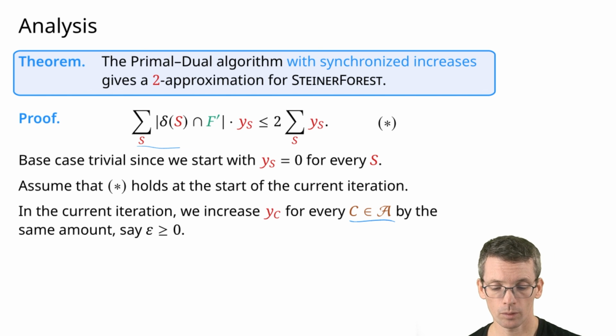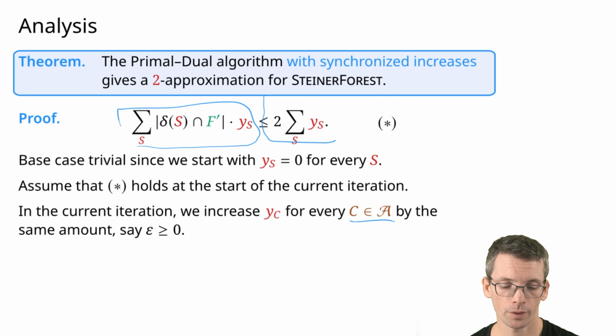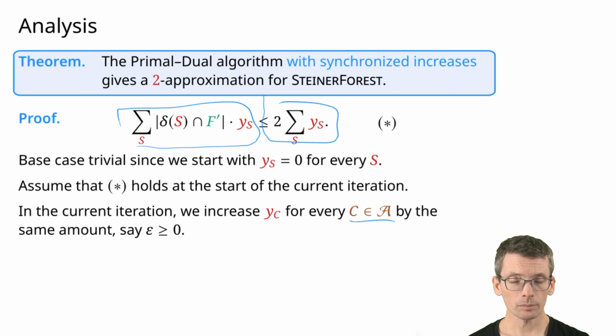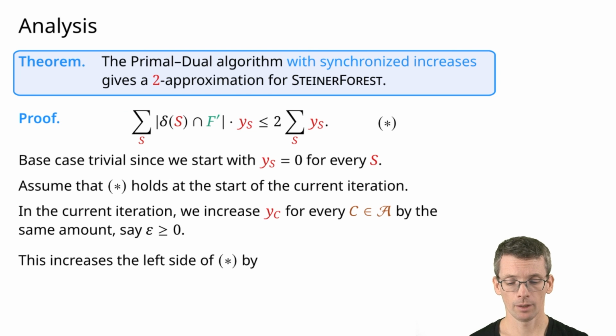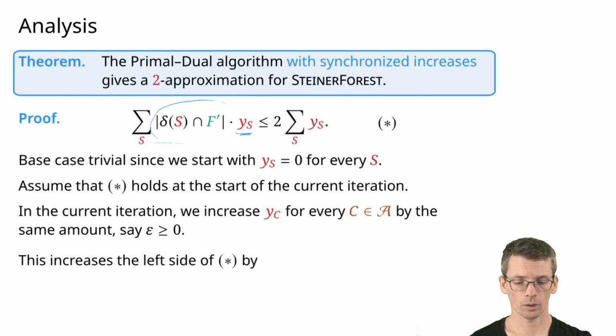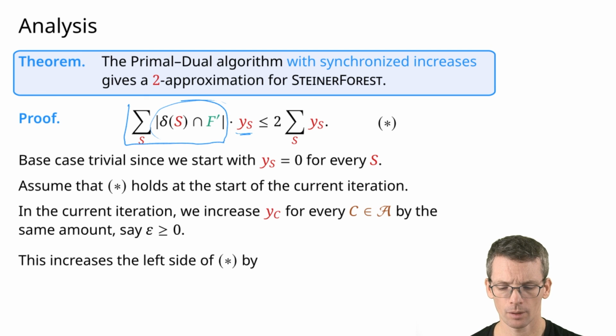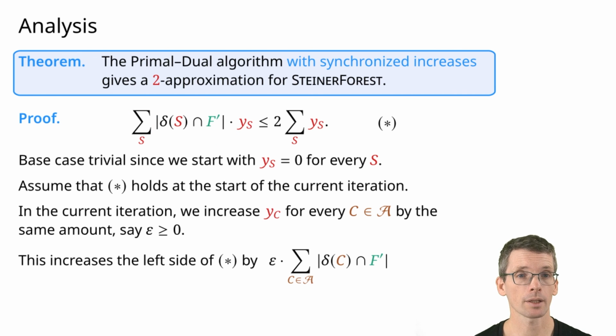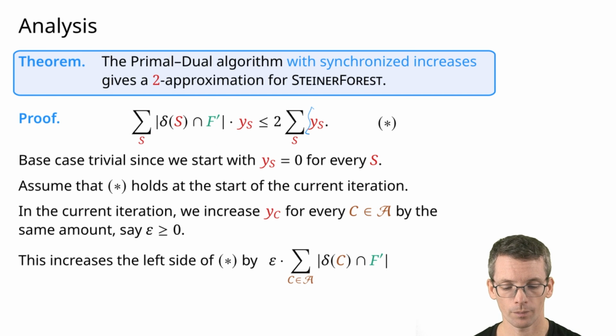How do the two sides of this inequality change? On the left-hand side, in each summand, I have a y, which increases by epsilon. So the total increase is epsilon times this sum here. On the right-hand side, I also have a y in each of the components.